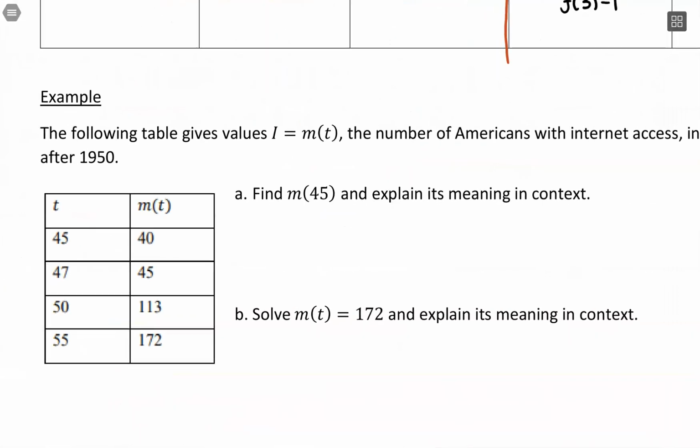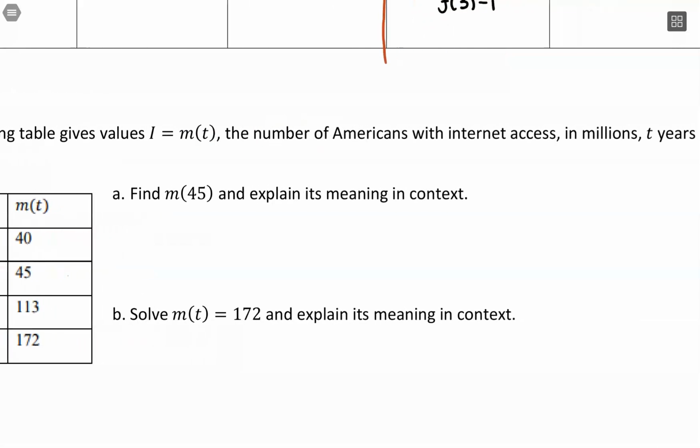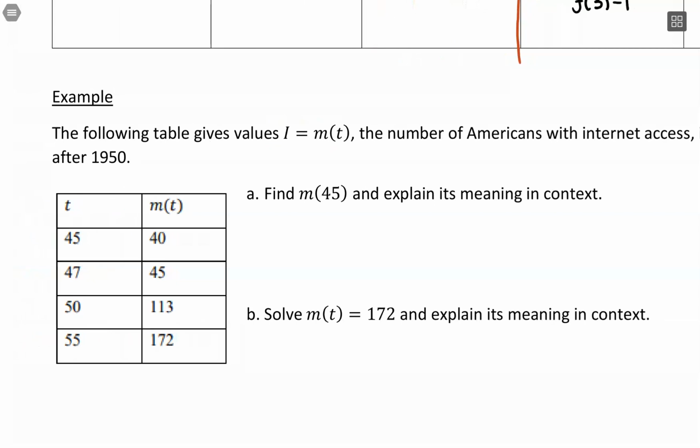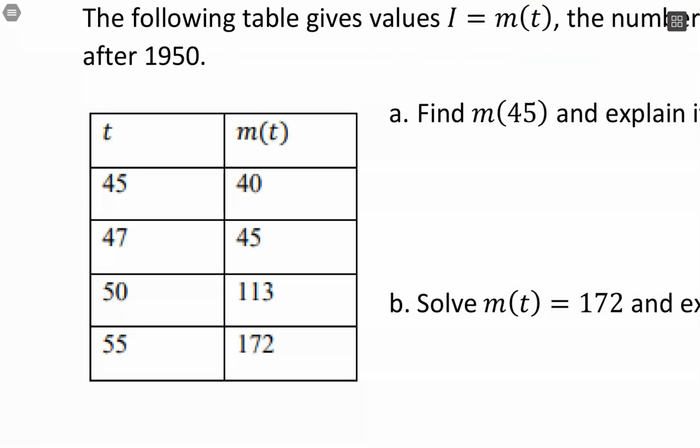All right, let's look at a table as a word problem. What we have here is values I, which is representing the number of Americans with internet access in millions, and we calculate I based on the function m of t. T is representing time in years after 1950, and what can help with these questions where we treat time as this number of years after the starting point is to just make a note next to the table.